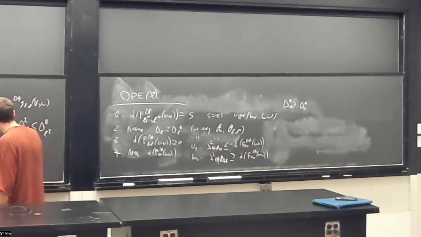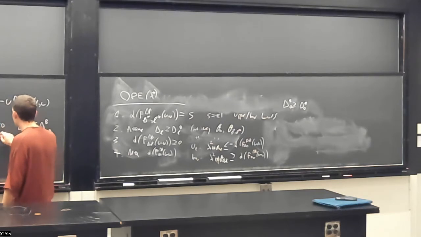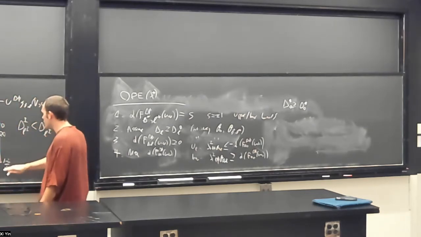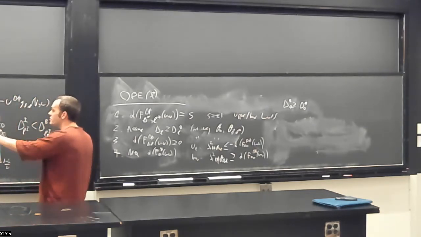Okay, so this is all spin 0. Originally there's a continuum, which starts at (d minus 2) over 2 and goes to infinity. This is what we originally allowed, before putting in any assumptions.